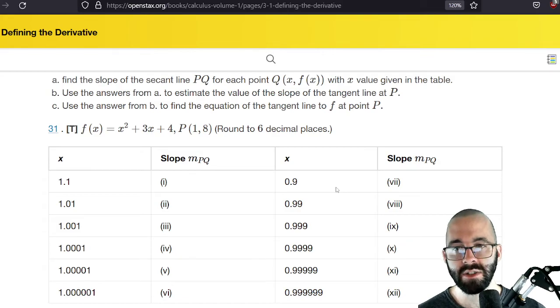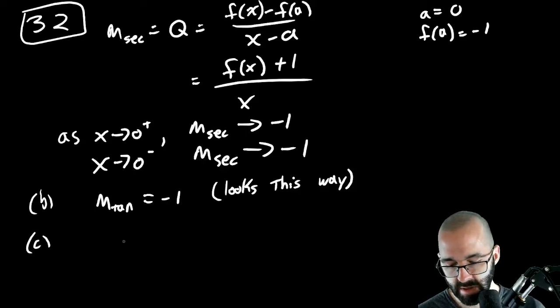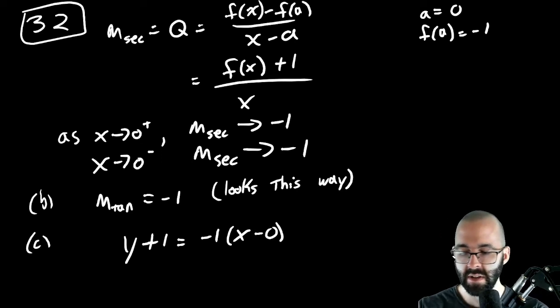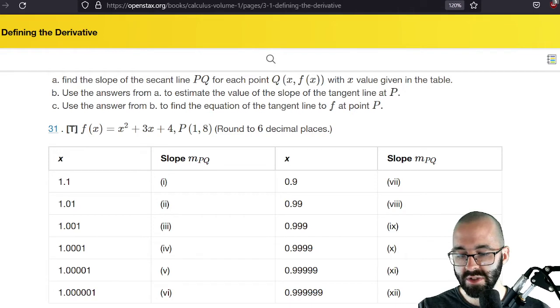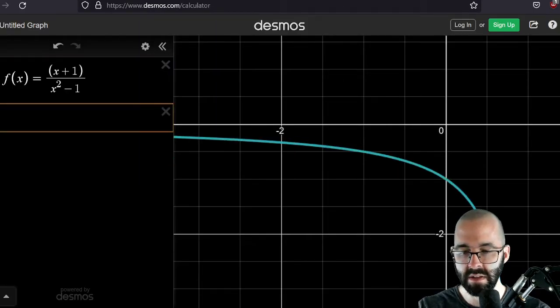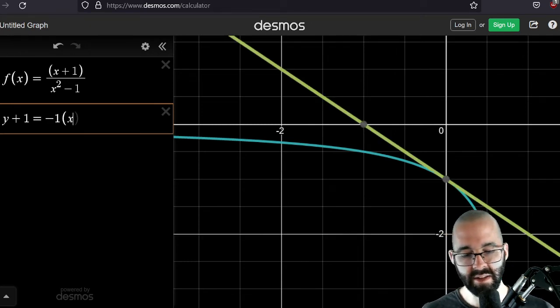Find an equation of the tangent line at that point. Y minus the y value, which is negative 1, equals the slope times x minus the x value, which is 0. Let's plot this along with our function and see if we've got a tangent line on our hands. Y plus 1 equals negative 1 times x.